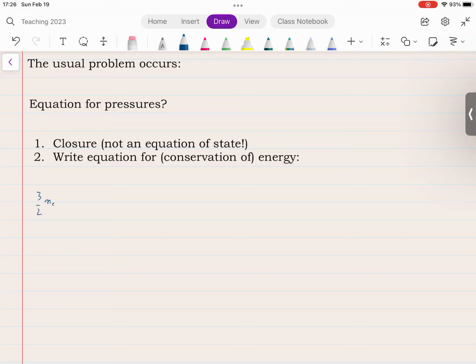3/2 of N_e times the time derivative plus U_e dot grad. Okay, this piece is the usual piece, times the temperature of the electrons plus P_e del dot U_e, divergence of the velocity, plus del dot Q_e is equal to S_e, and similar for the ions.